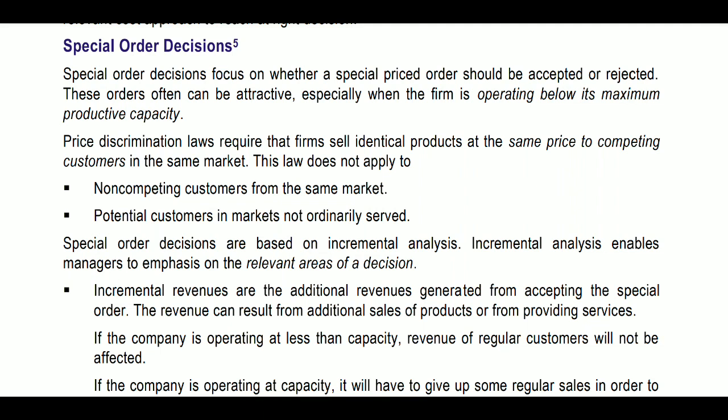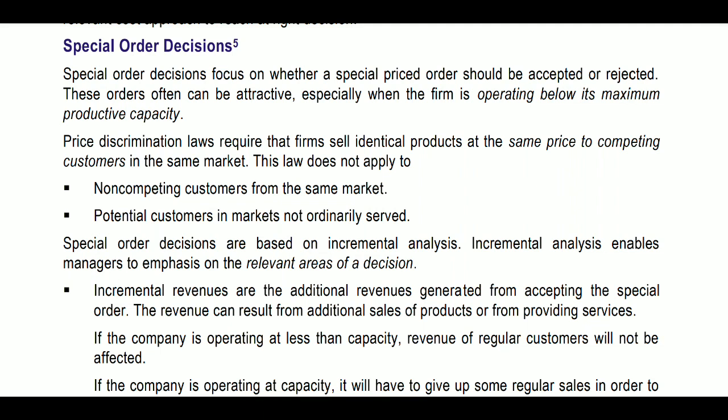Here the main point is that this law does not apply in two cases: where price discrimination is required, non-competing customers for the same market, then this law will not be applicable. Or potential customers in the market that are not ordinarily served, then also this will not be applicable. These two cases it will not be applicable.